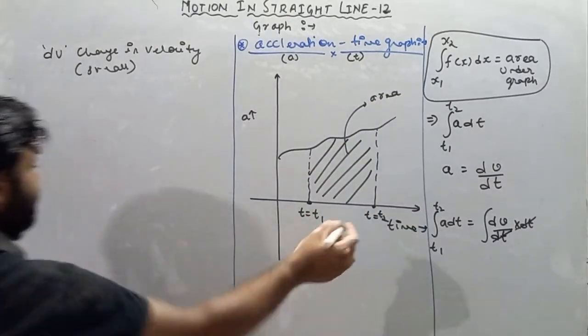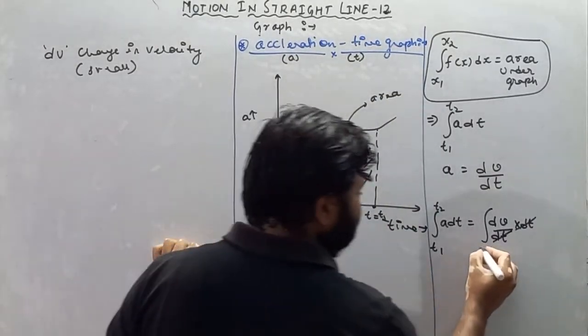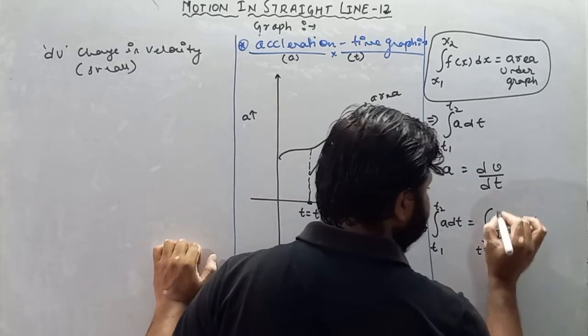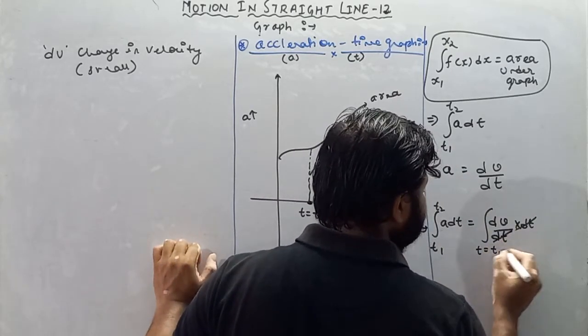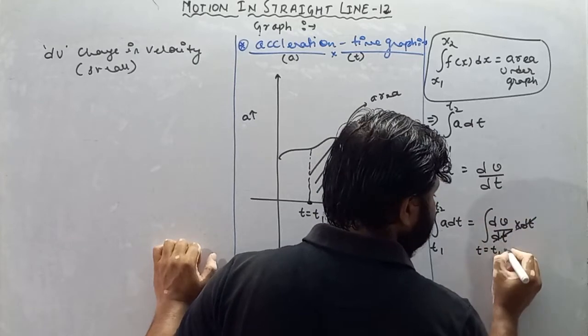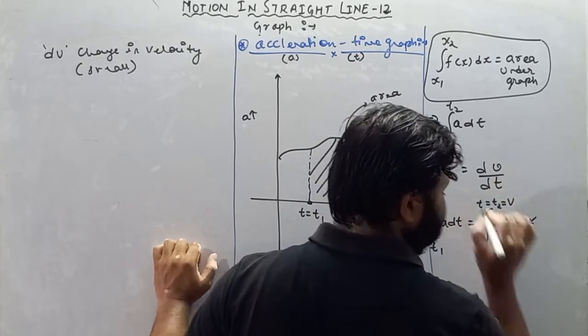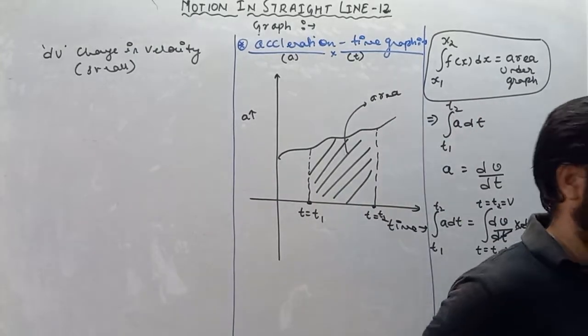So what will I write here? With time t equals t1, let the velocity be, let's say, v, and for time t equals t2, again the velocity is v, because this change is very negligible.